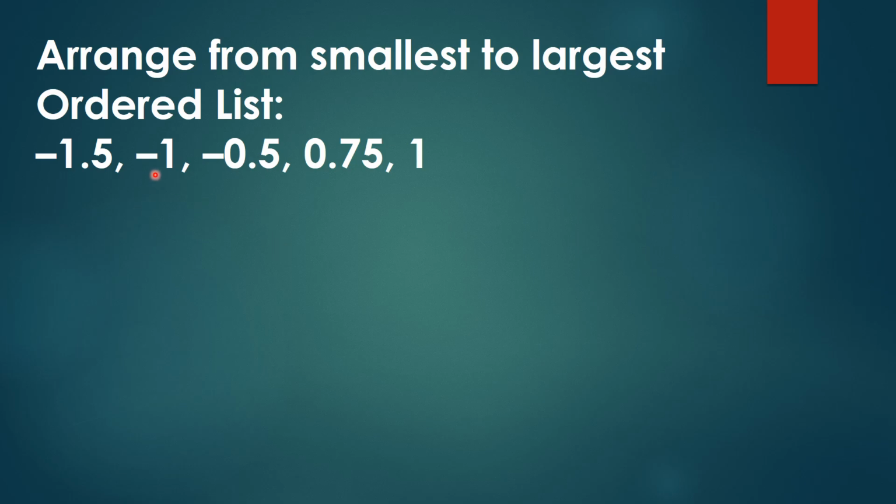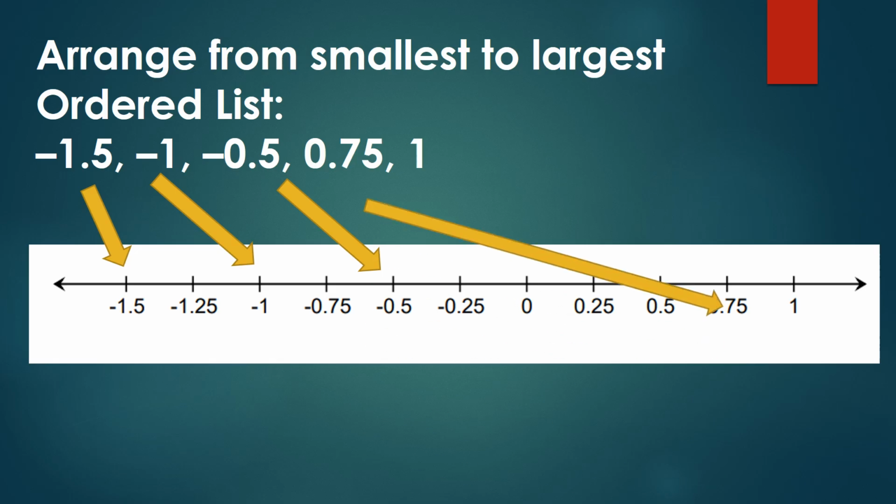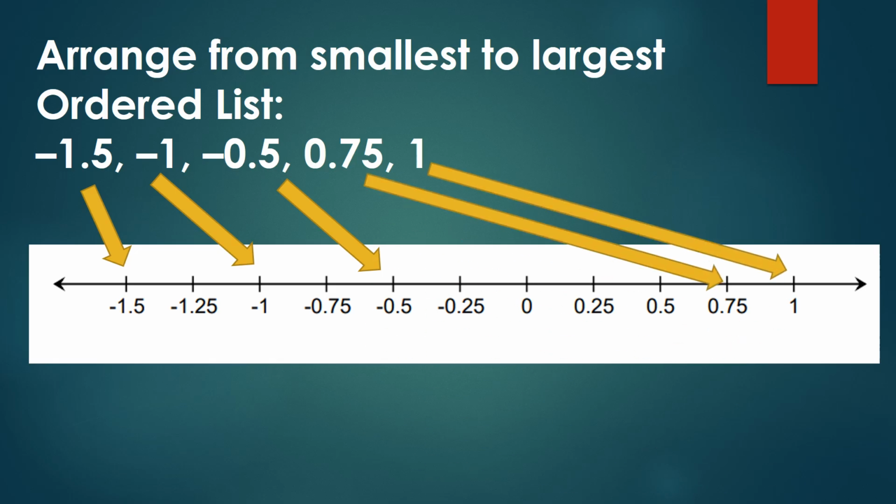Okay, next. Arrange from smallest to largest. So this is the ordered list, from smallest to largest. The smallest one is negative 1.5 and the largest one is number 1. If you're going to locate this on the number line, so this is our number line in decimal form: negative 1.5, negative 1, negative 0.5, 0.75, and 1.